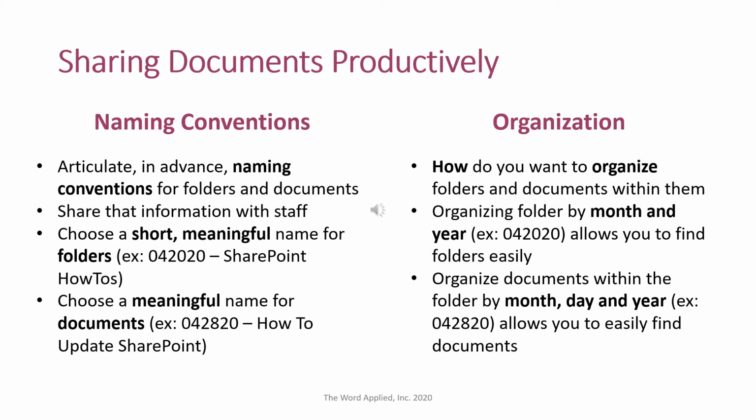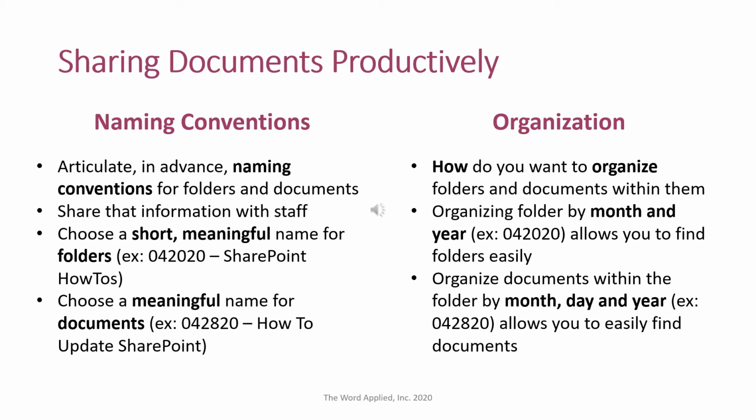How do you want to organize the folders and documents within them? Again, you want to think about what's meaningful to your team. One way that you can do it, again, is by organizing the folders by month and year. And that allows you to find the folders easily, and it also lets you know the age of the documents contained within those folders.